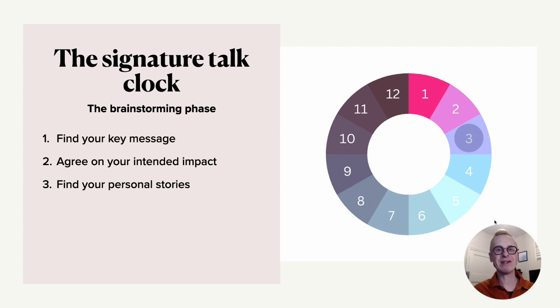I don't know a huge amount about it from a neuroscience perspective, but my understanding is that storytelling helps you to access both parts of your brain, both the creative side, the more artistic side, and also the more logical, focused side of your brain as well. So if you're trying to get a message across and you want to establish a key point, what a great way to do that is through a story, because that helps the listener to access both parts of their brain.